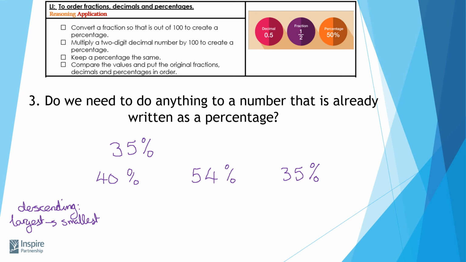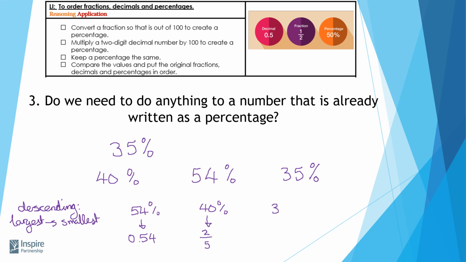So now I can order these, and I would know that the largest one would be 54%. And in its original form, that was 0.54. My next one would be 40%. And in its original form, that was written as 2/5.